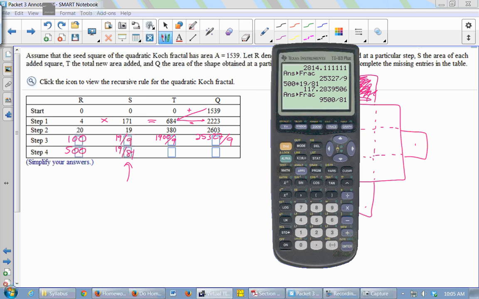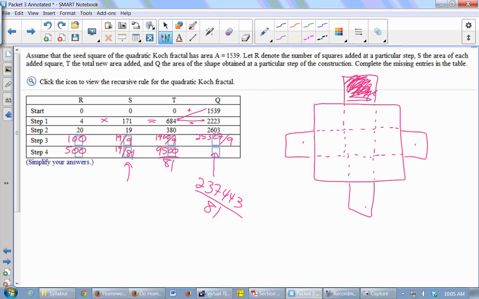Get that as a fraction, and I have 9,500 over 81. And I have to add that to my previous area, plus 25,327 ninths. Change it to a fraction. 237,443 over 81.